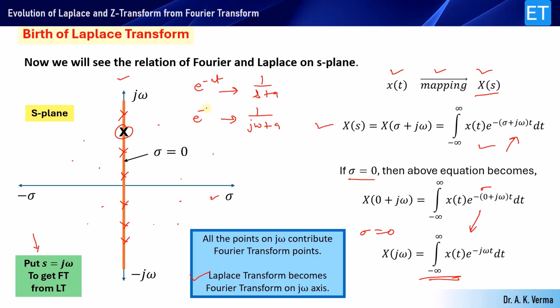So that is the Fourier transform of e power minus at. But this you can do only for those types of signals which are decreasing with time, for which the Fourier transform exists. This you cannot do for the constant function and increasing function. For them you have to find the Laplace transform.